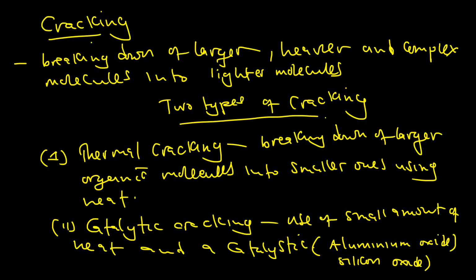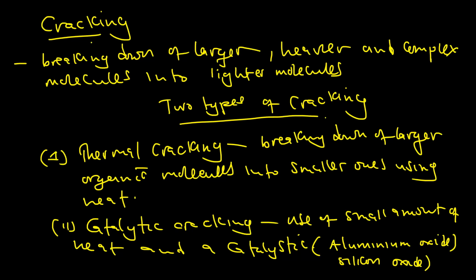You know that a catalyst is just a chemical substance that speeds up the rate of a chemical reaction, and at the end of the reaction it remains unchanged. Very important to know that. So that is about cracking. Cracking is a breaking down of larger, heavier, and complex molecules into lighter ones. Two types of cracking: we have thermal cracking, which involves use of heat to break down large organic molecules into smaller ones.